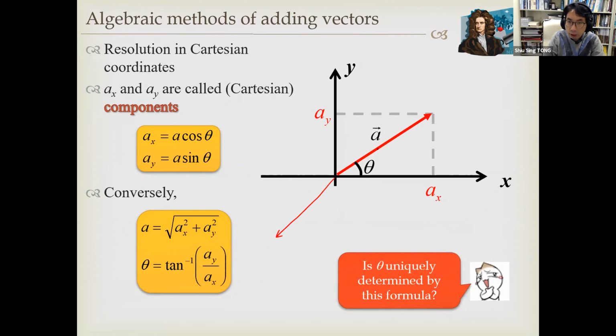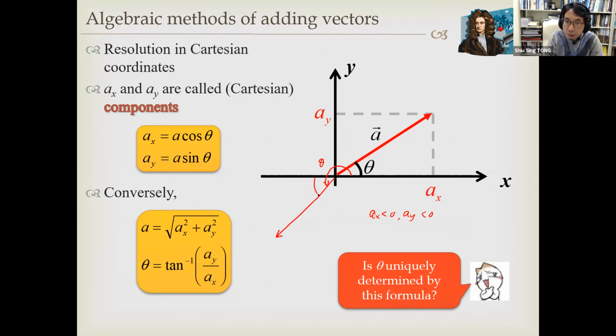Suppose the vector is in the third quadrant. Okay, so in this case, this is the angle. This is the angle theta, right? It is not this angle, and you will find that if you are given two components, both AX and AY are smaller than 0. Is that right? So how do you find the angle theta?